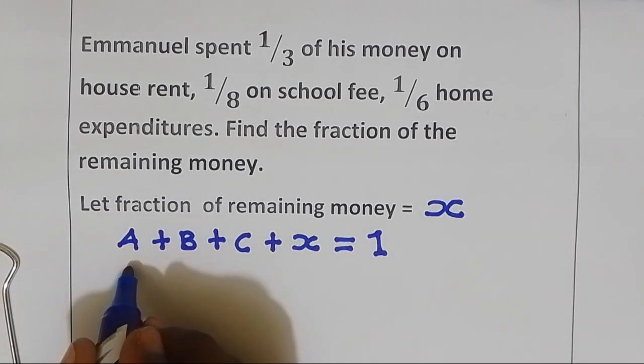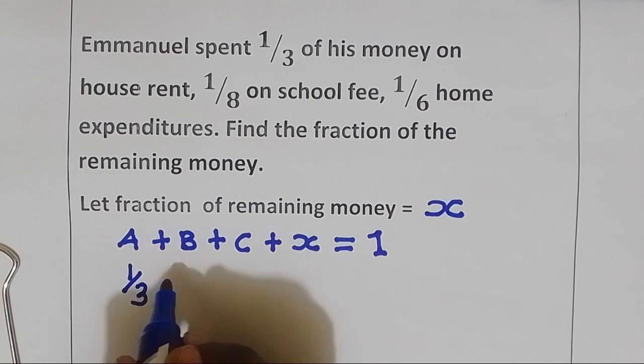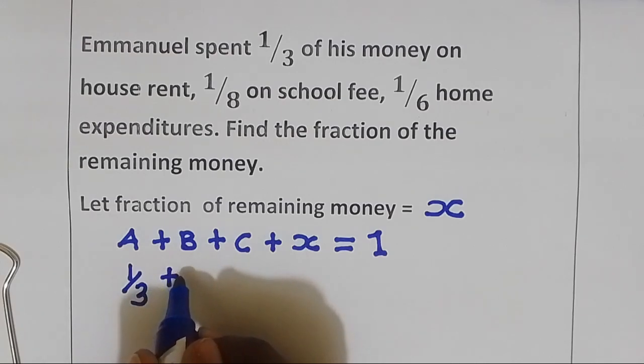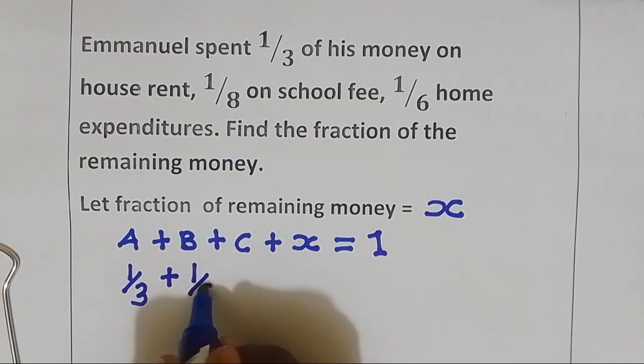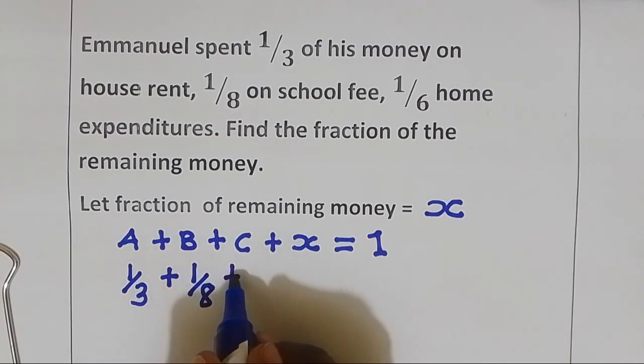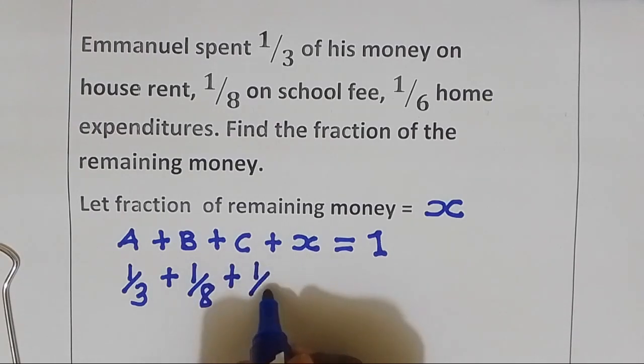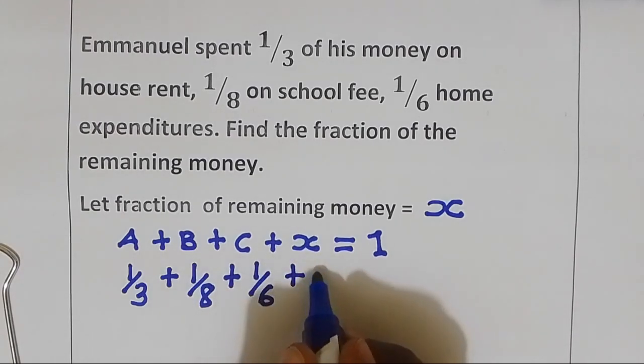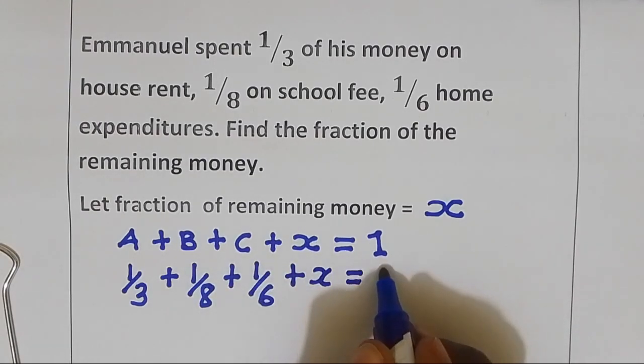A is equal to 1/3, B is the fraction of school fee, which is equal to 1/8, plus the fraction for expenditure, which is C, equal to 1/6, plus X, this is equal to 1.